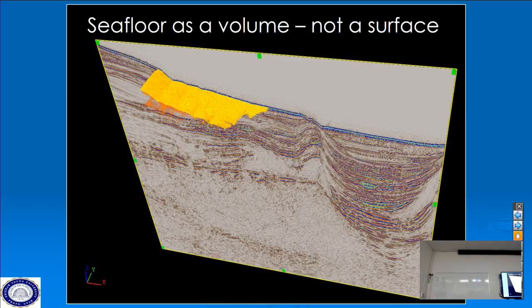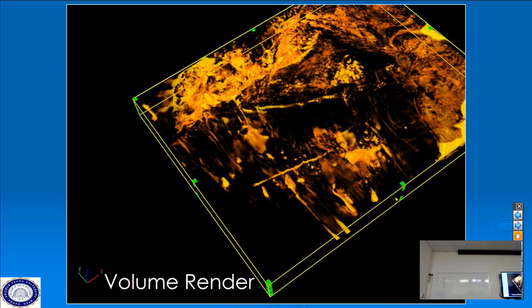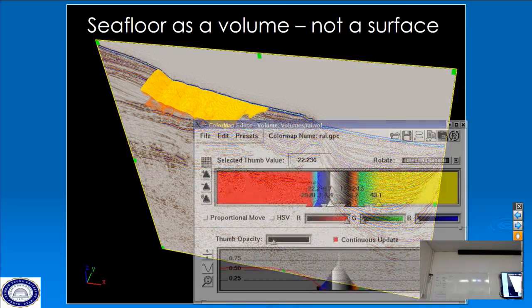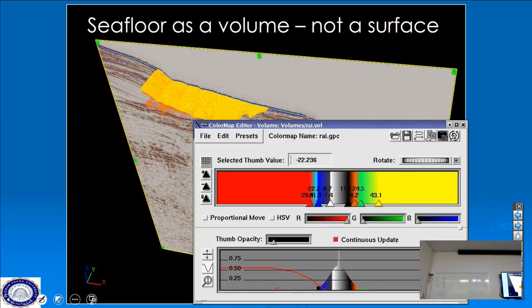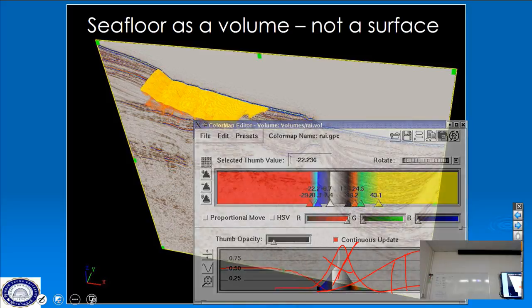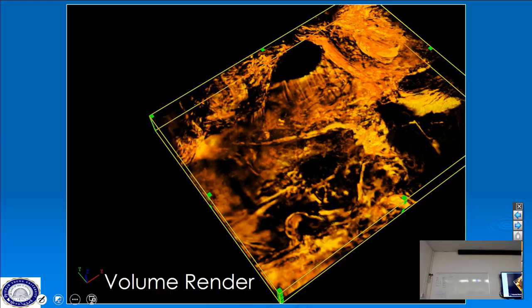If this is a histogram, a distribution of the amplitudes in the full data set, I could draw a filter on it and say, take all of this out and only display the samples under the curve. And when you do that, you get that. We've just said take out some of them.